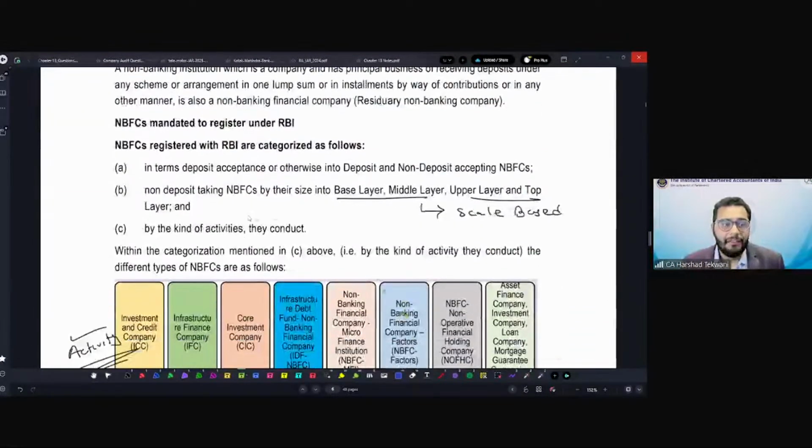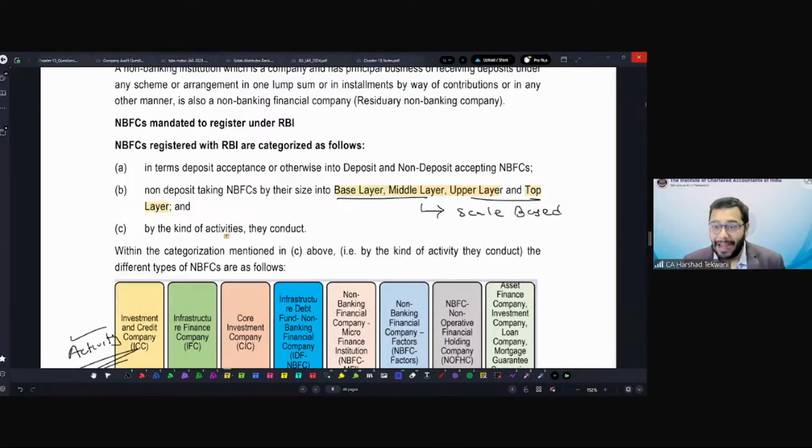Then we went on to discuss the categorization of the NBFC between the various layers: base layer, middle layer, upper layer, and the top layer. This was the scale-based layering as per the scale-based regulations.